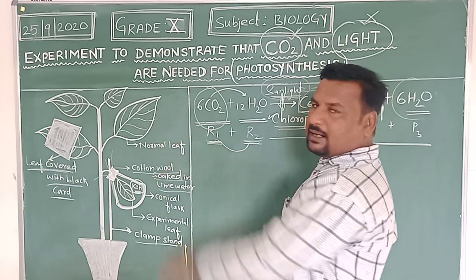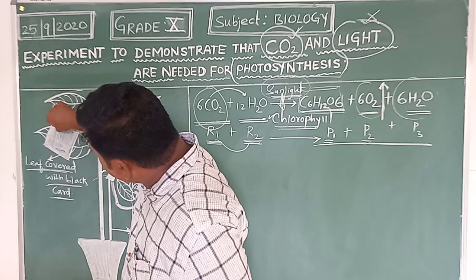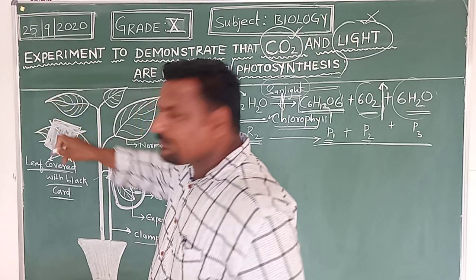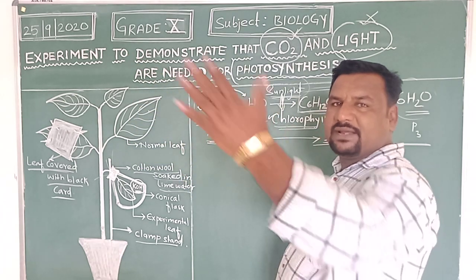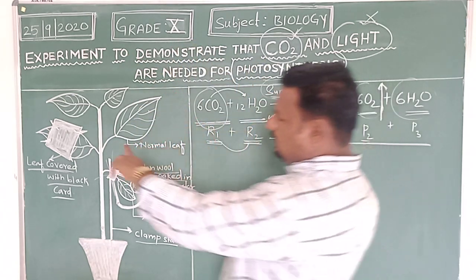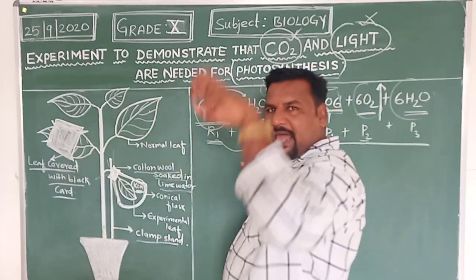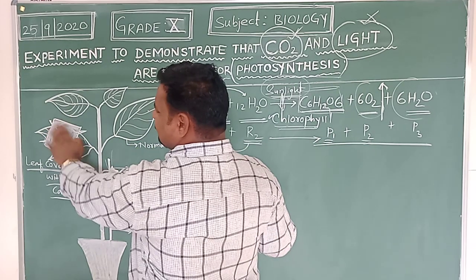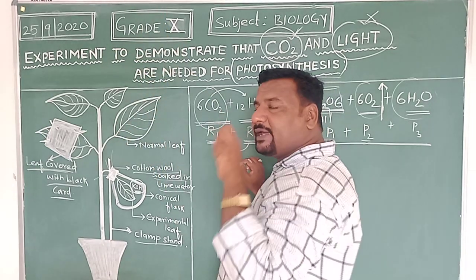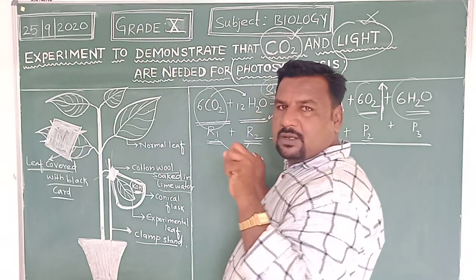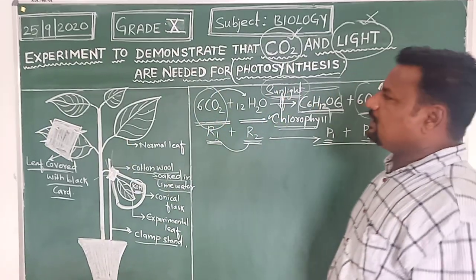This black tar, placed over the leaf using clips, will not allow the light rays to penetrate the leaf. So the part of the leaf which is below the black tar will not receive sunlight. In this way, we have to set it up.